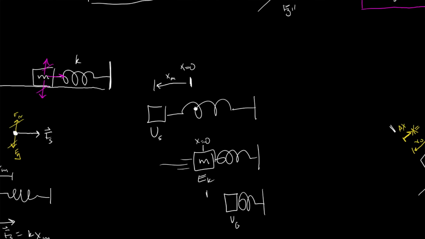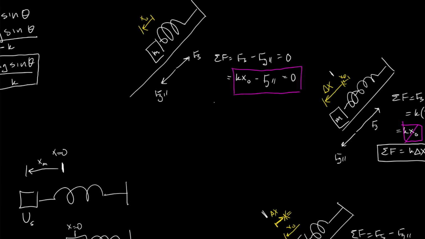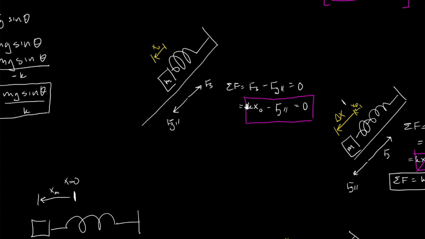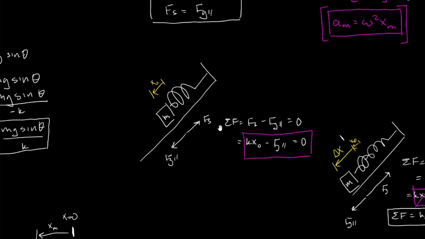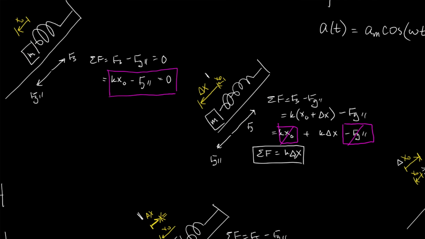So that would be a little bit more complicated to solve it like we did here. But importantly, we still see that the net force on the spring is still directly proportional to delta x, and it's equal to k delta x.